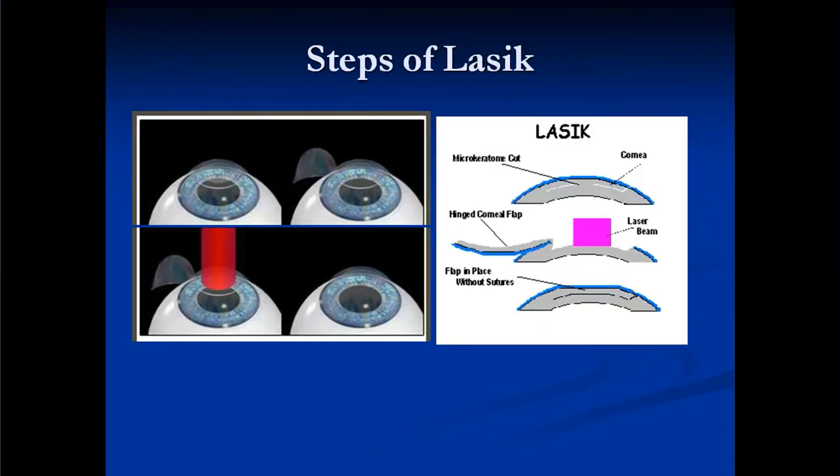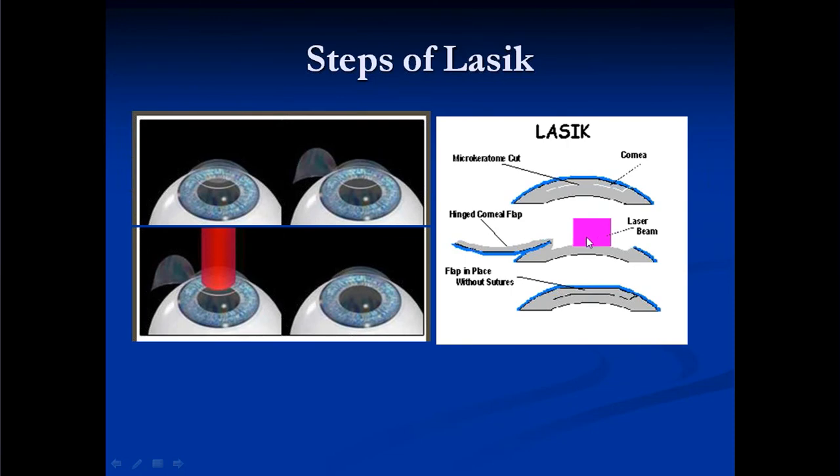So here it is simply given in pictures, you can see. A hinged corneal flap is being raised. You can see here, the flap is raised from the anterior portion of the cornea. Then a laser beam, which is shown in pink color, is applied.